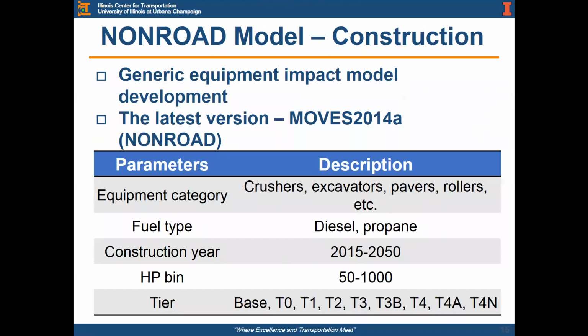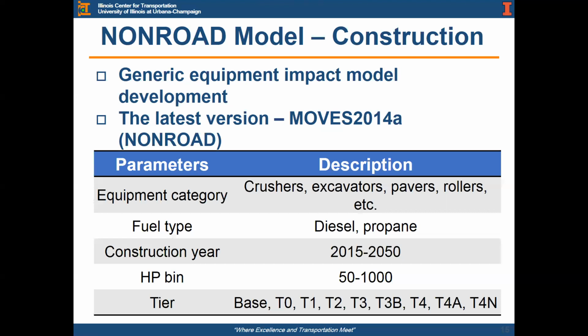For the construction model, we developed a non-road model, which is an on-site equipment model using MOVES 2014A from EPA. And for the parameters, the user has to select the equipment category and the fuel type. For example, for hot in-place recycling, some of the equipment will use propane, for example the preheating unit. And for other equipment, they use mostly diesel.